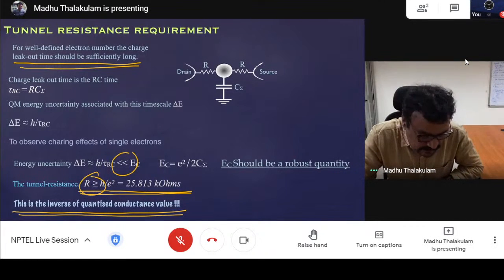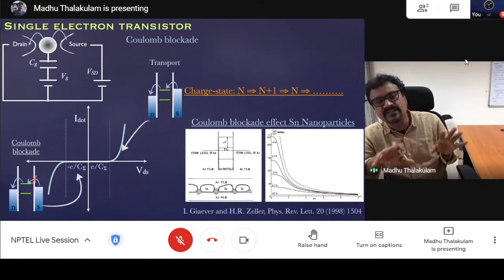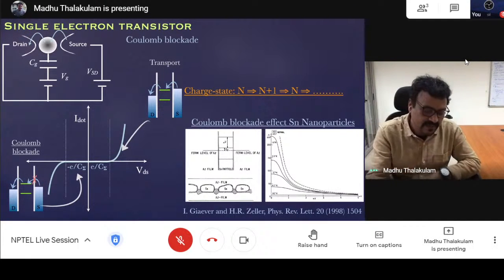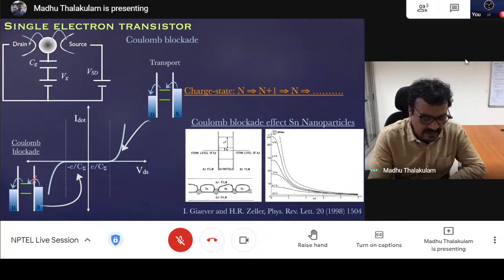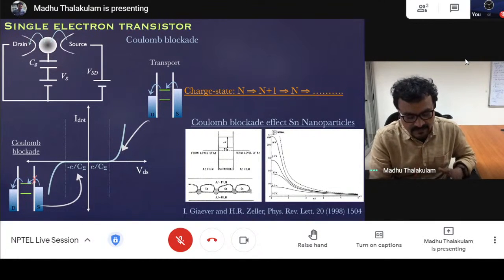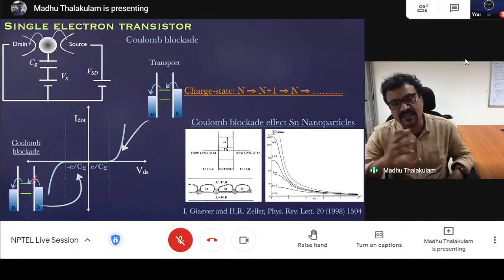All right. Now let's look at a transport device. The circuit represents a quantum dot which is connected to source and drain, and there is also another electrode which I have added. It's again another capacitor, by which you can change the electrostatic energy of the quantum dot.